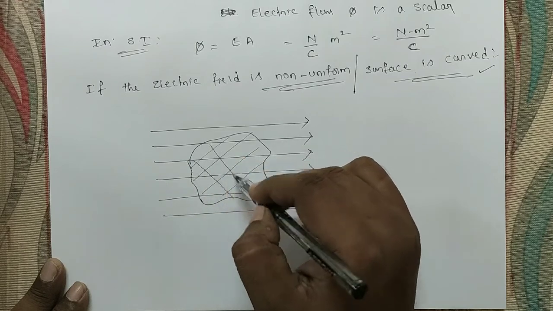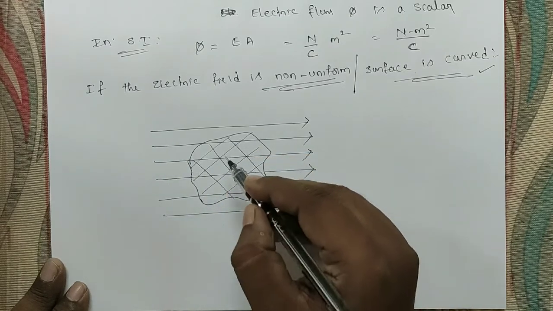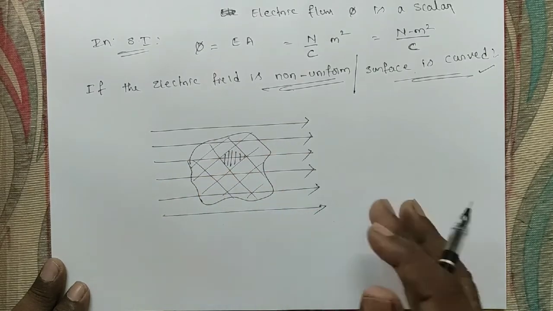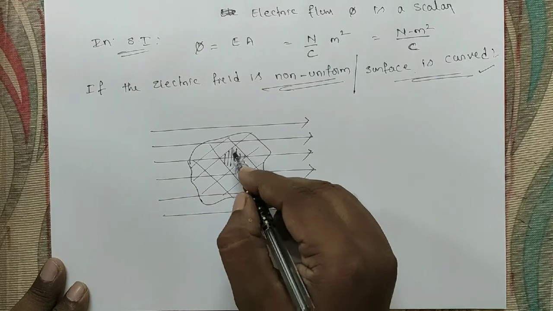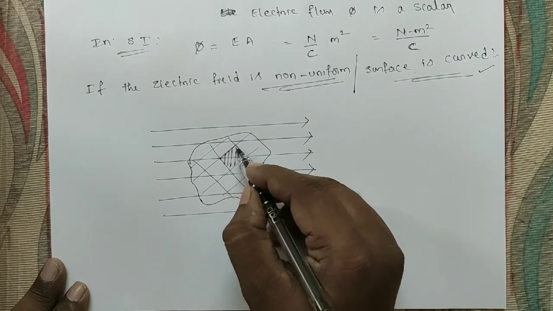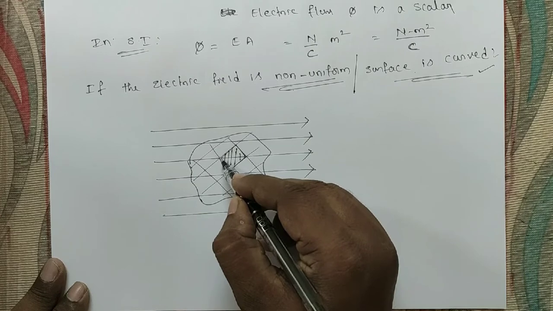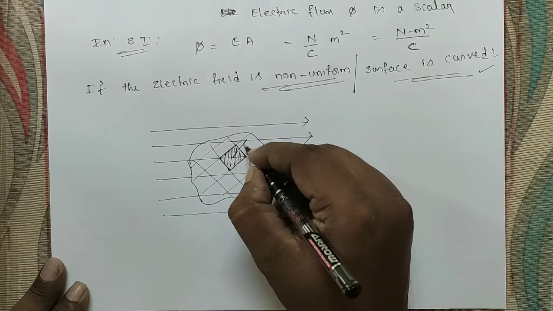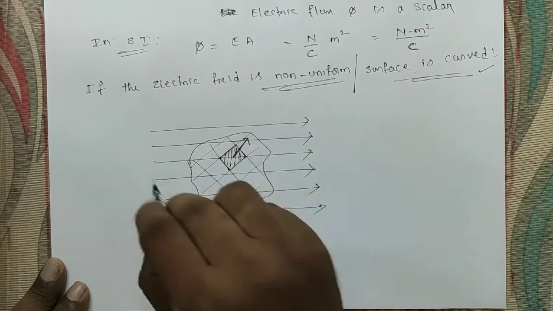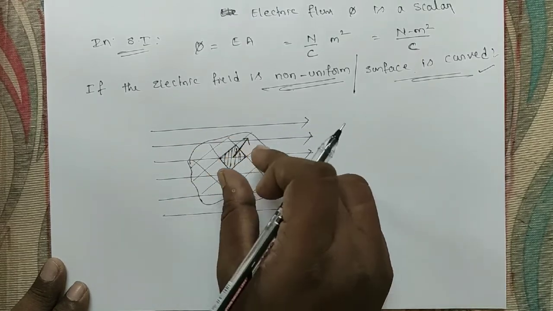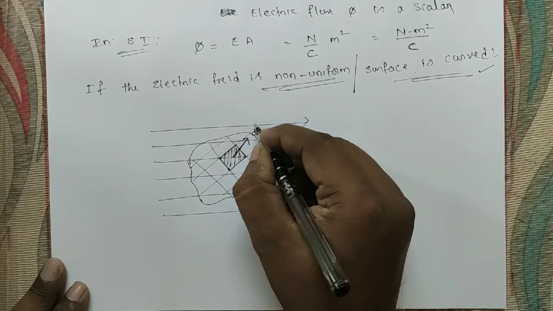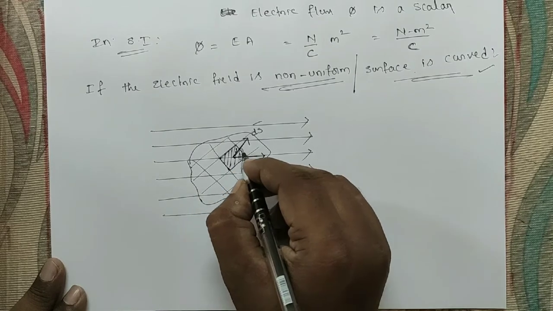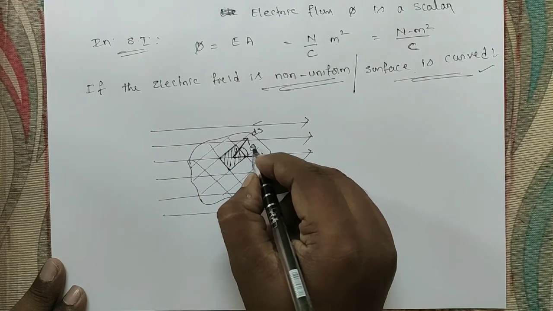In this, we take a small surface area. It is not the complete surface area, just a part of it, so its vector, normal to it, is ds bar. The electric field direction makes an angle theta with it.